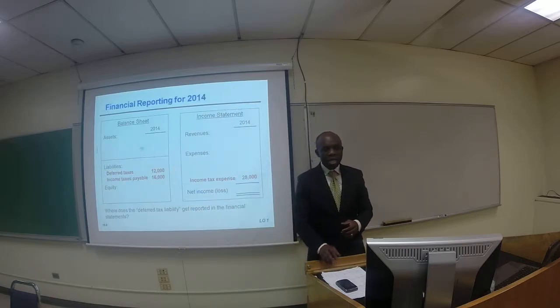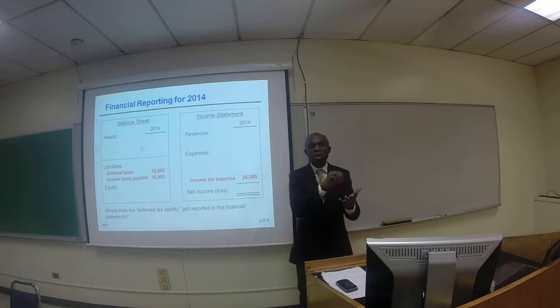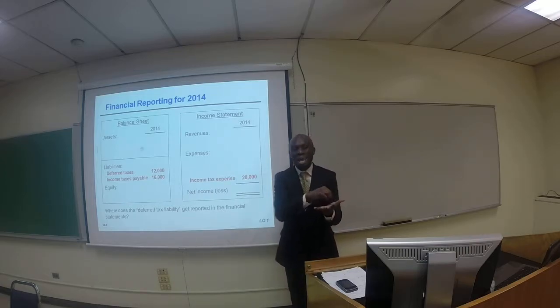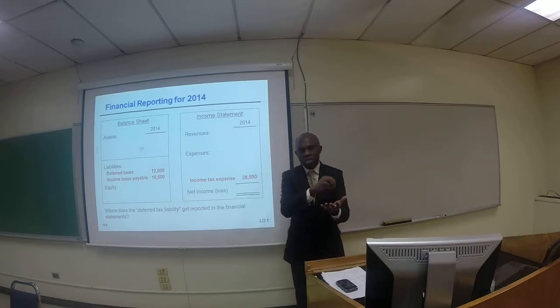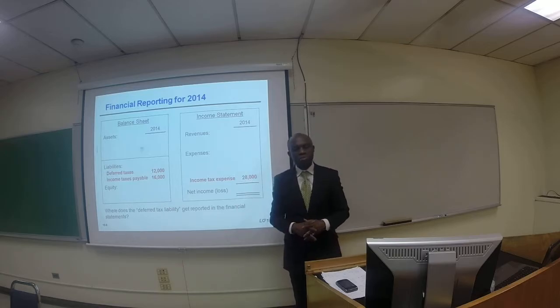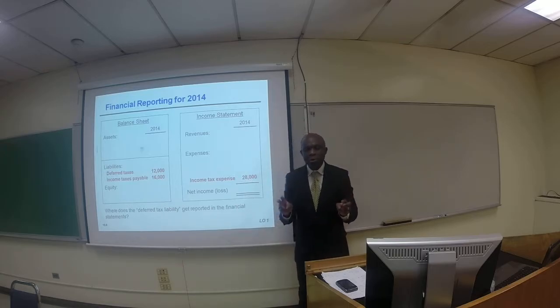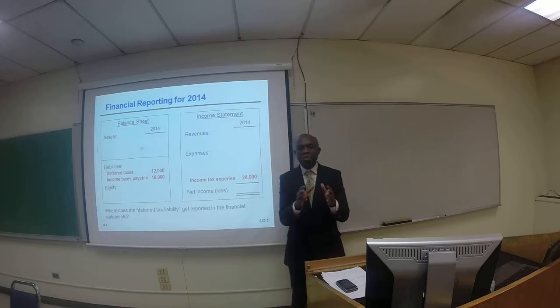Now let's take a look at how we report that on the financial statement. We have talked about how to account for debit, credit in the journal, goes to the ledger, and so forth. How do we report it on the financial statements? On the balance sheet, remember that $28,000 in 2014?